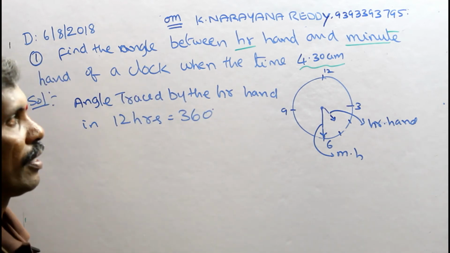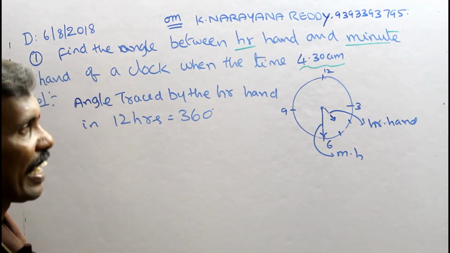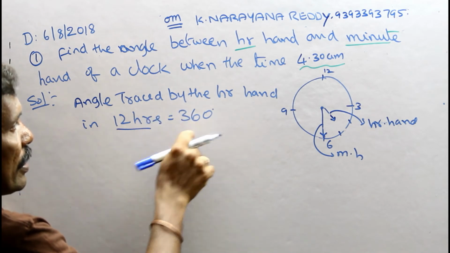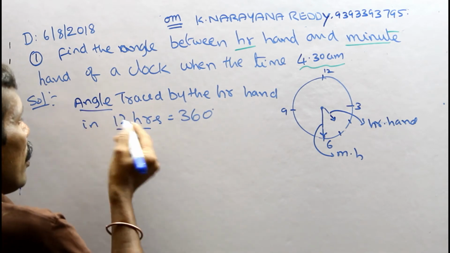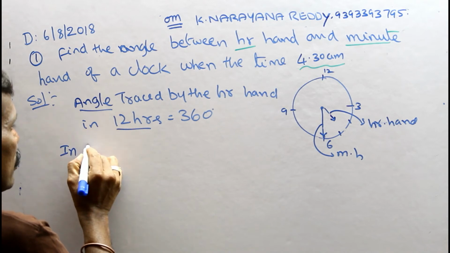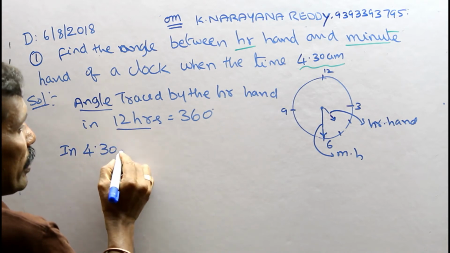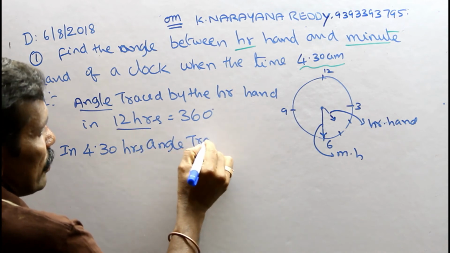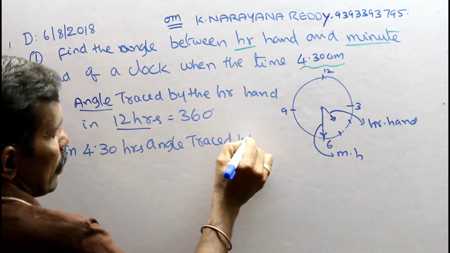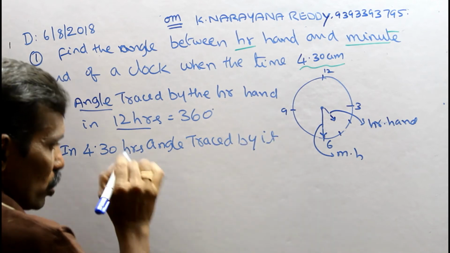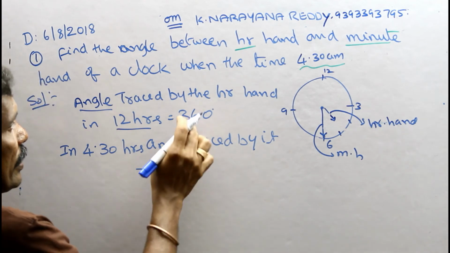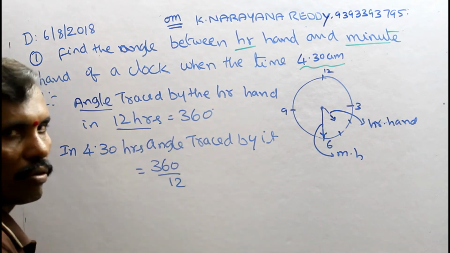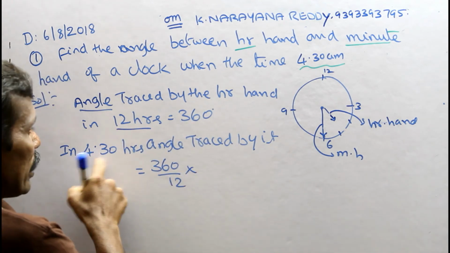Okay, so in 12 hours the angle traced by the hour hand is 360 degrees. Now in 4:30 hours, the angle traced by it equals 360 by 12 into 4:30. 4:30 means what?